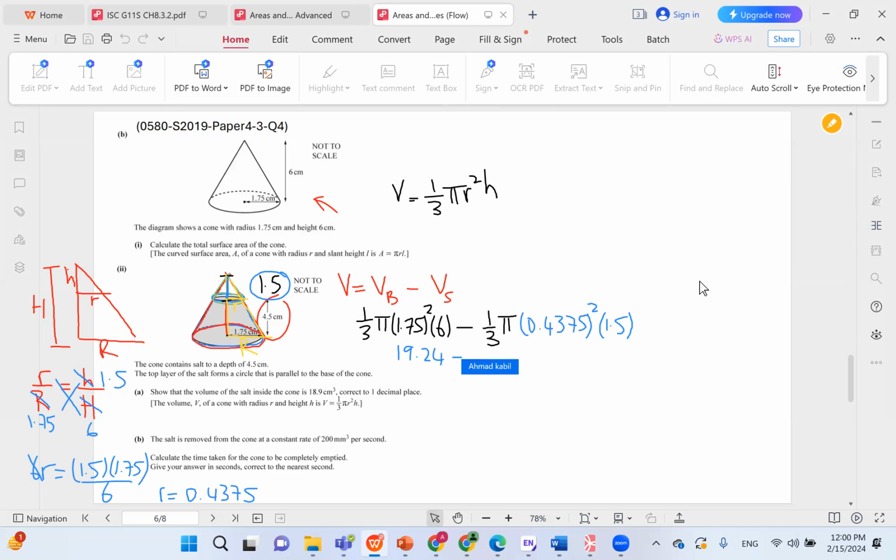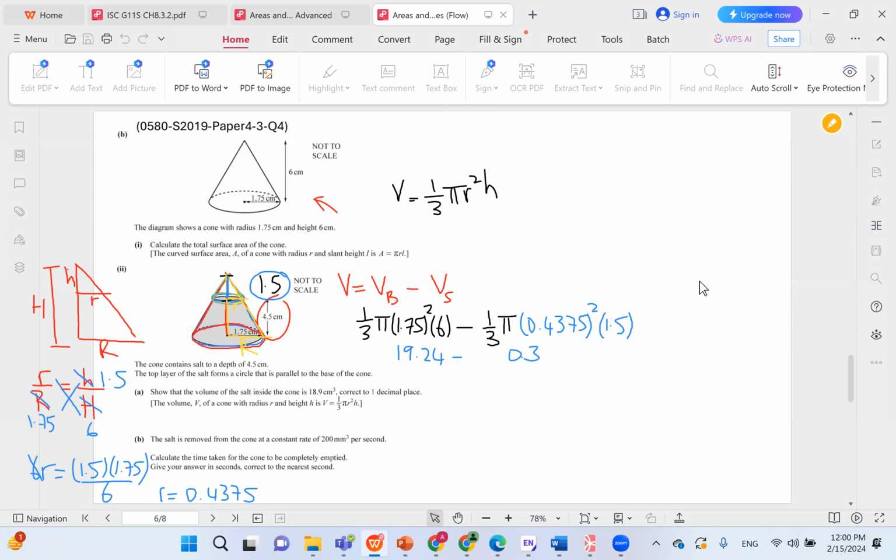Minus, again, 1 divided by 3 multiplied by pi multiplied by 0.4375 squared multiplied by 1.5, and you get the answer as well, which would be 0.30066, so just 0.3.